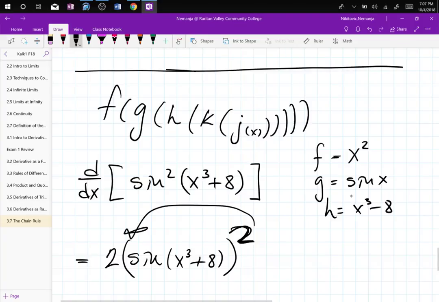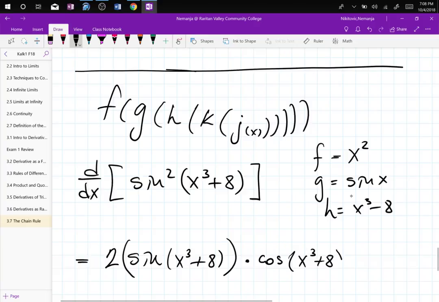You drop that in front, and then 2 minus 1 is 1. So you see that the entire function is inside. Now we go times cosine, because the derivative of sine is cosine, and we still have to put x cubed plus 8, right? Times, again, the derivative of the inside, which is 3x squared.